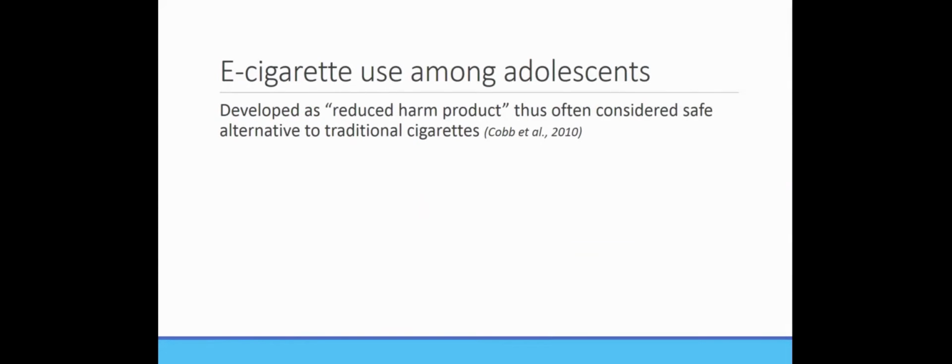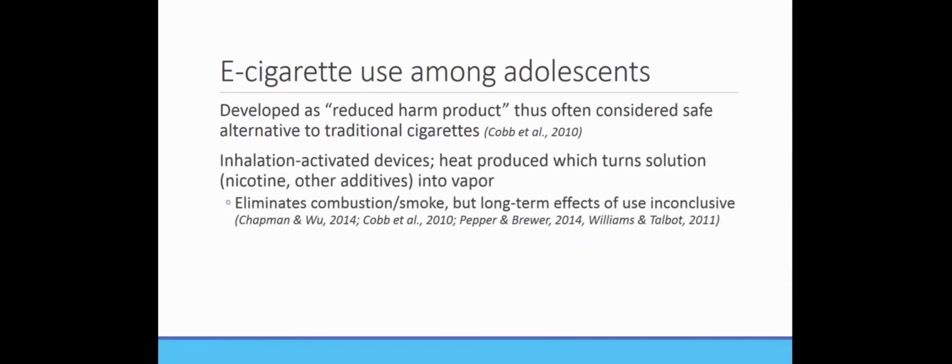Okay, so why e-cigarettes? Well, these slides are about a year old, and so they're already badly out of date as the e-cigarette literature emerges very rapidly. E-cigarettes were developed originally as a reduced harm product, so they were considered a safe alternative to traditional cigarettes. That was the assumption, that was their goal. These are inhalation activated devices, and so when you inhale, there's a heat produced which turns a solution into vapor.